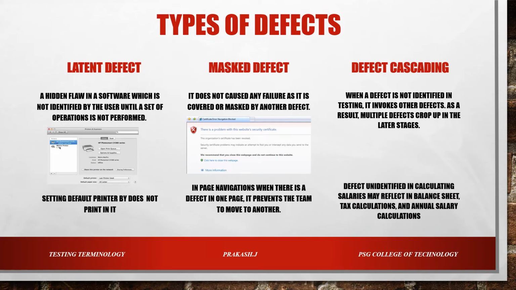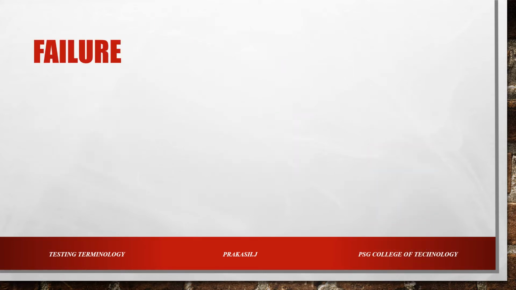One such example: when you make a small mistake in computing the salary of a person, it will not only affect his salary computation, it is also reflected in the balance sheet. It also reflects in tax calculation and in annual summary calculation, where one particular defect crops up into multiple defects.